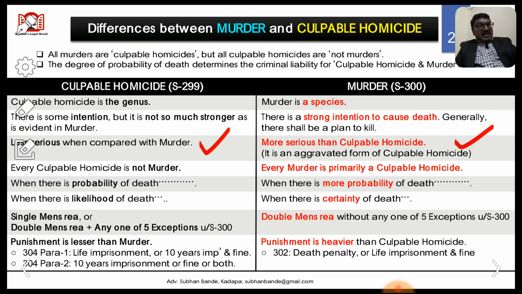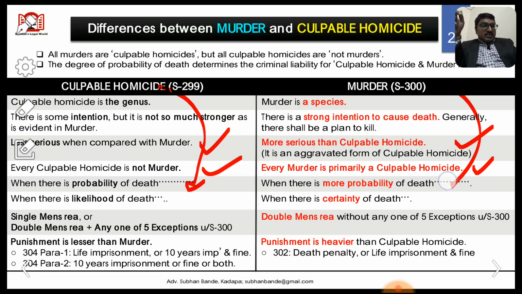Every culpable homicide is not a murder, but every murder is a culpable homicide. When there is probability of death, then it is culpable homicide. When there is more probability of death, it is murder.